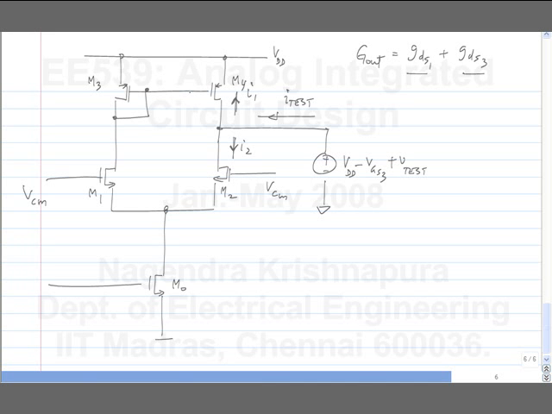So I will always use GDS1 or GDS3 to denote the small signal parameters. Okay. So you are saying it is GDS3 plus something else that we need to calculate. Is that correct? There is some conductance contributed by I1, something else contributed by I2. Okay. So let's see. We will calculate what is contributed by I2.